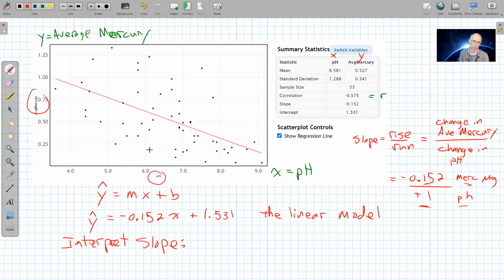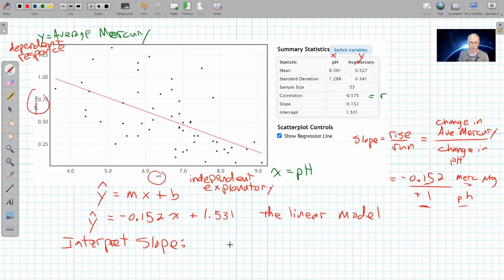And generally, when we do this, we have an independent variable or explanatory variable, and then the y value is often called the dependent variable, or response variable. So we think pH affects the mercury, that it depends on it, responds to the amount of what the pH is, how acidic or basic the water is.